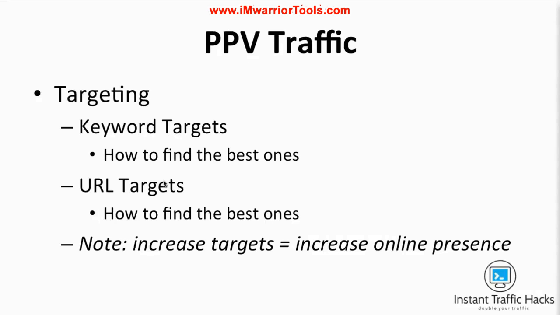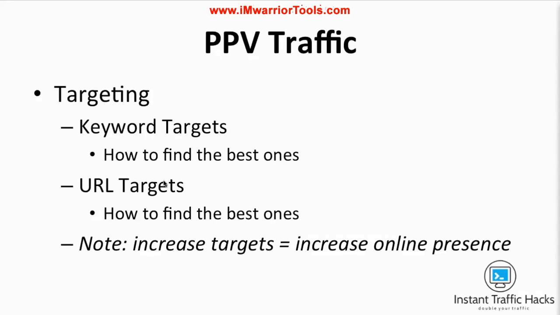And in the next video, I will show you how to go out and grab a bunch of those to start targeting. Now, a quick note with targeting is as you increase your targets, you're increasing your online presence. And that's how easy PPV is. If you want more exposure, just go out and find more targets, optimize for them, and then your ads are displayed more. It's that simple.